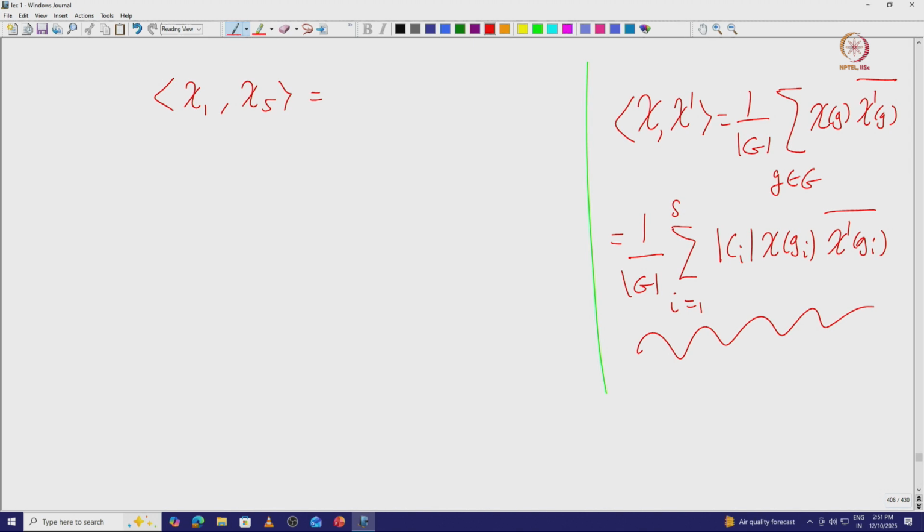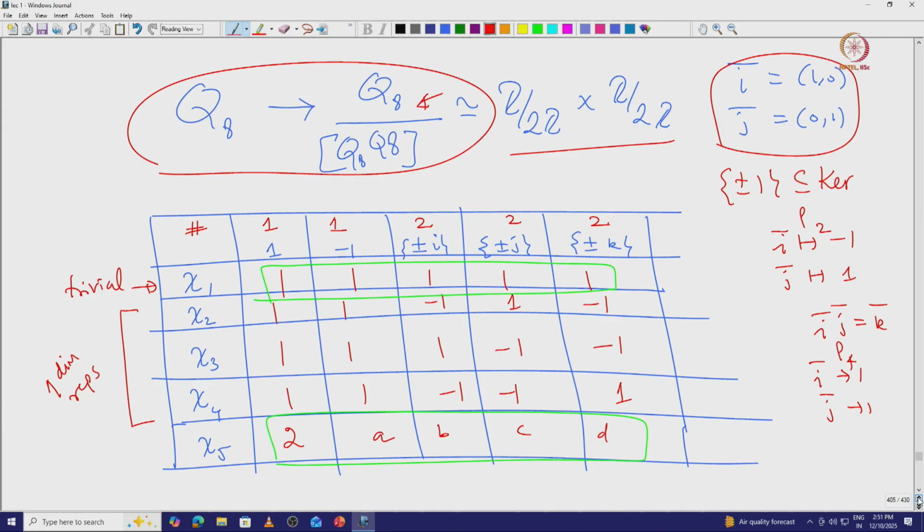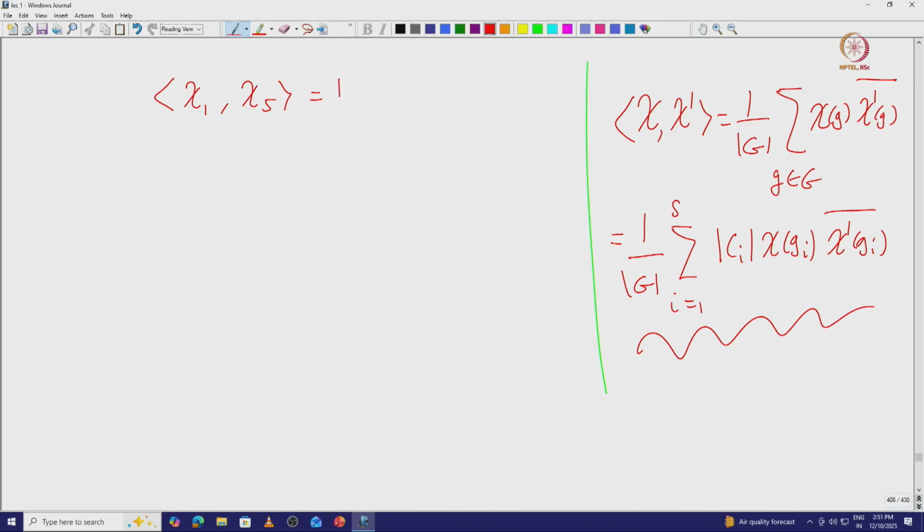So, that means this chi 1 inner product chi phi is exactly equal to, the first conjugacy class corresponds to 1 and the number of elements there is 1. So, it is exactly 1 times 1 times 2.